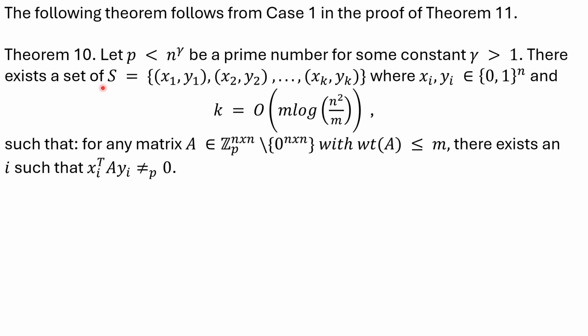There exists a set of k pairs x_i, y_i in {0,1}^n, where k is defined here, such that for any matrix A in Z_p of size n by n, which is not the zero matrix, with the weight of A being less than or equal to m, there exists an i such that x_i transpose A y_i is not equal to 0 modulo p.